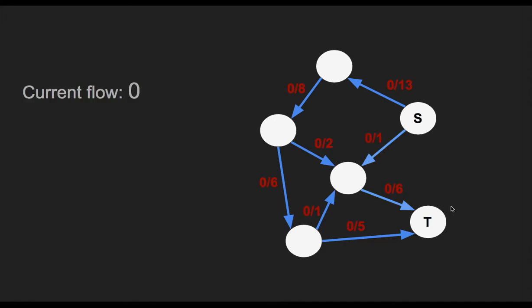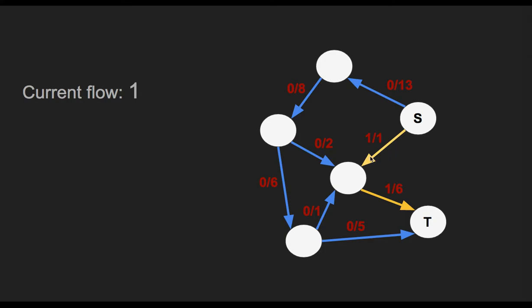So if we have a current flow right now of 0 and we're pushing 0 through all of these different pipes, say, for our first path, we can push 1 through here because this is the capacity. This lower number is the capacity from S to this middle node.